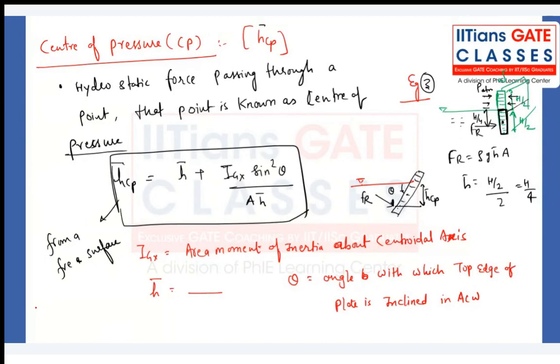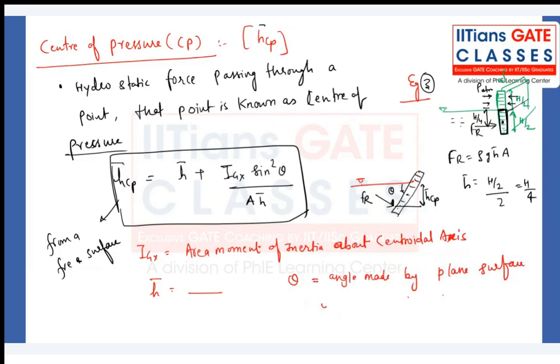Or you can also write this angle one. That's much better, because some of you might get confused. Theta will be the angle made by the surface with the horizontal free surface.